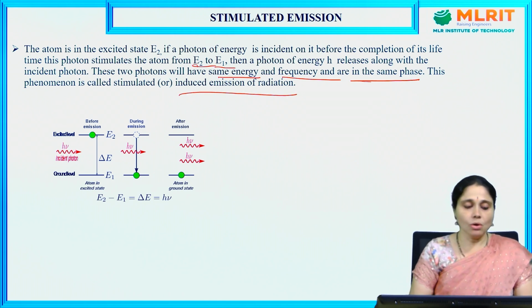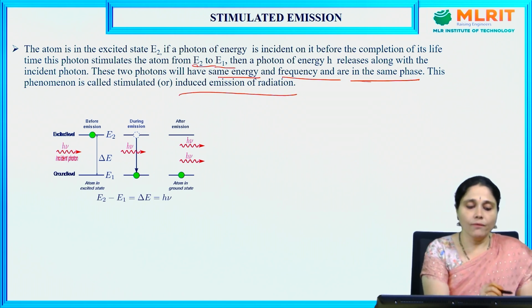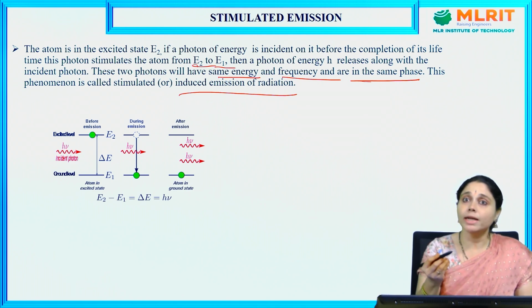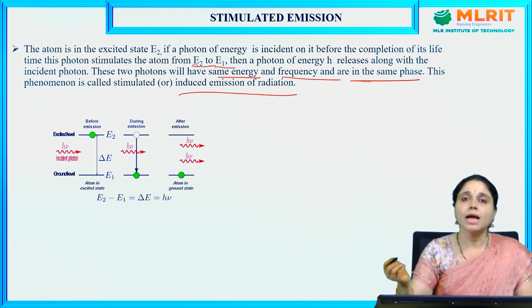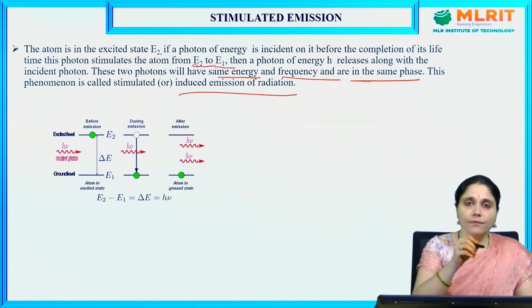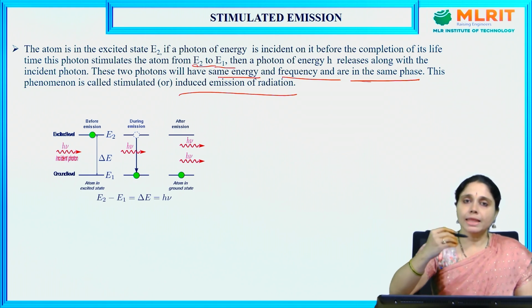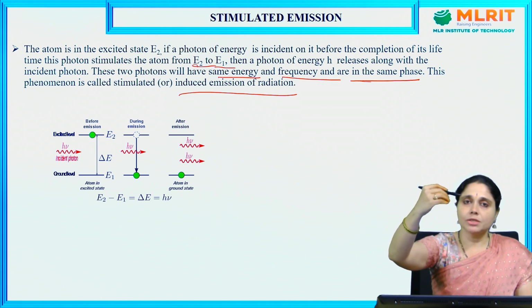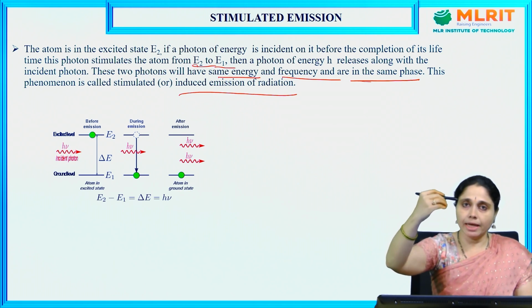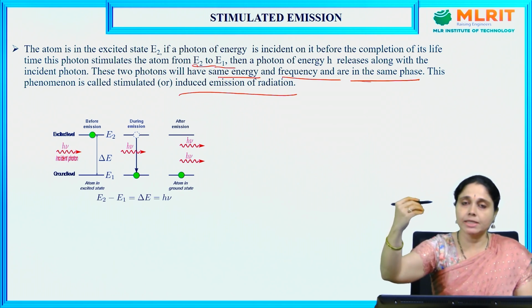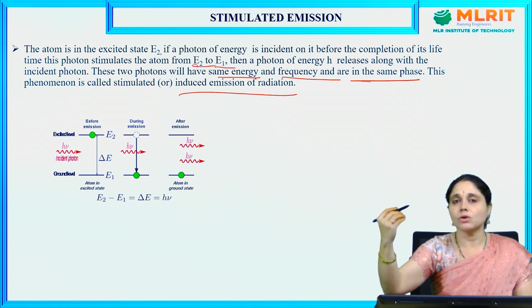Okay, so by this we can have an idea about how the laser is produced. How is the laser produced? By stimulated emission of radiation. Whenever the atom in the ground state rises to the higher energy state, the atom stays in the higher energy state for a period of time. That is known as spontaneous emission.